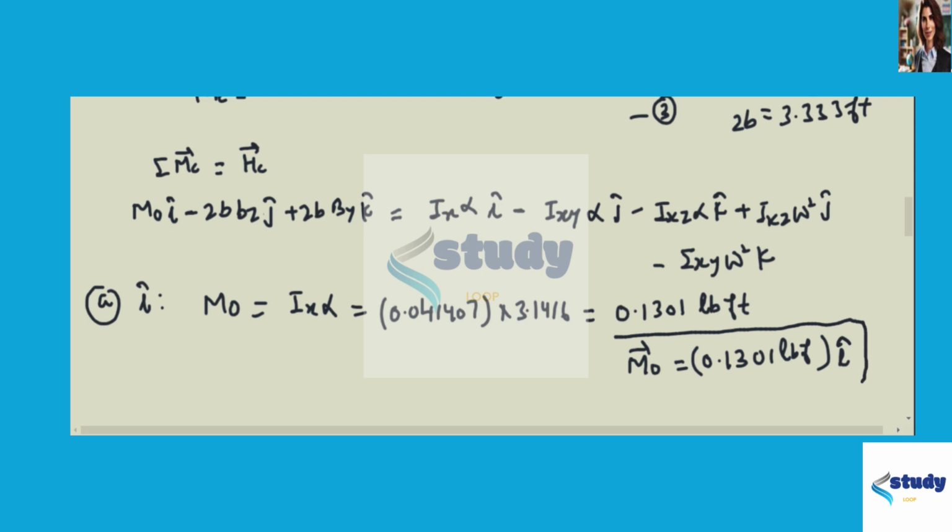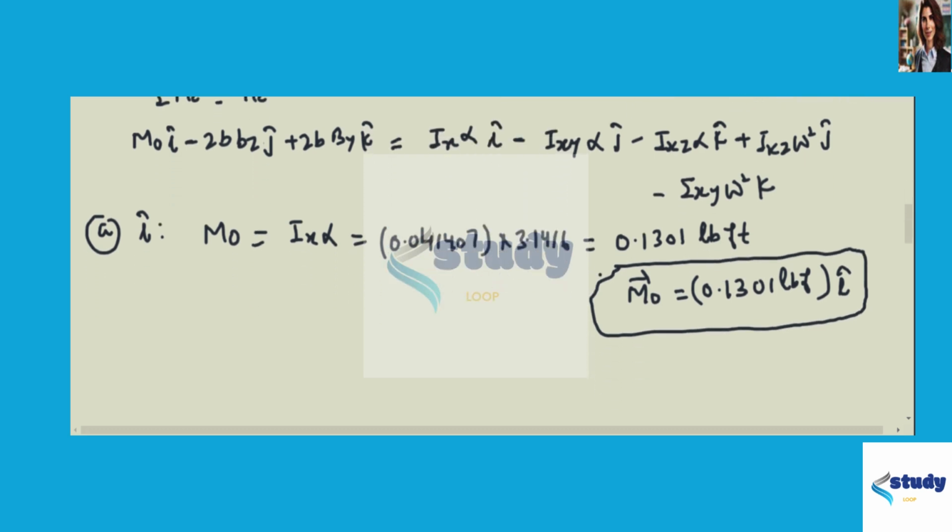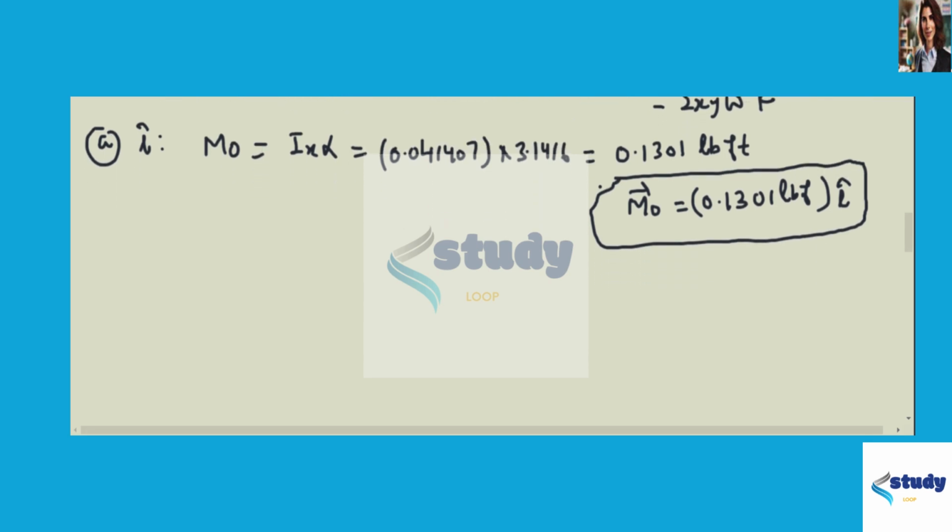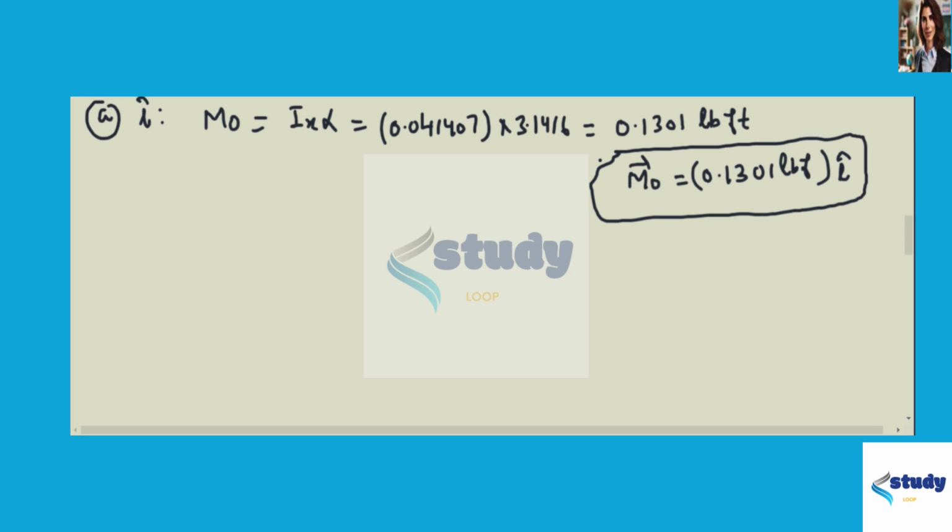Now we can find the answer of part B by equating the coefficients of i cap, j cap and k cap. Evaluate using the components of the above equation along j cap.